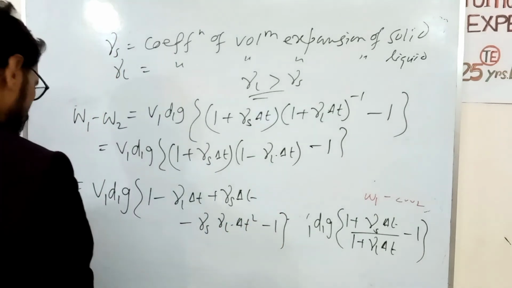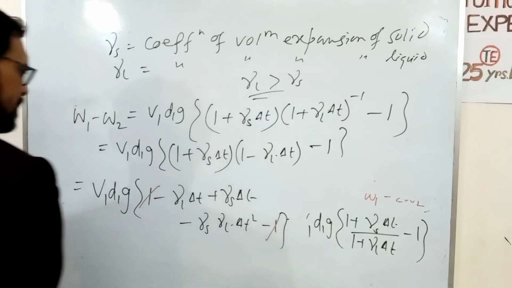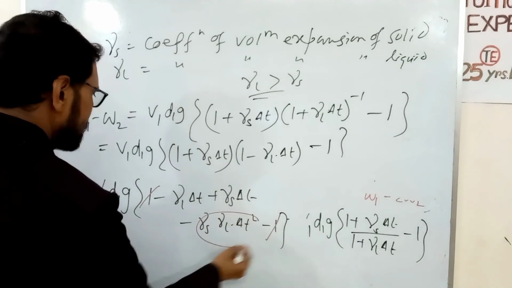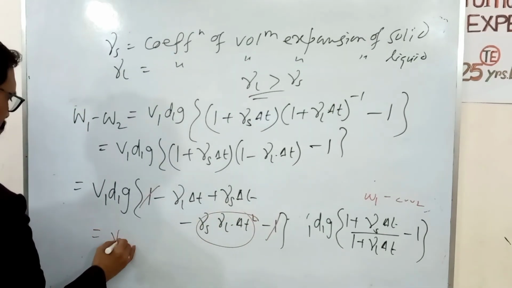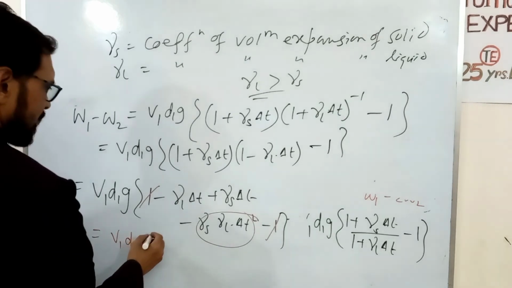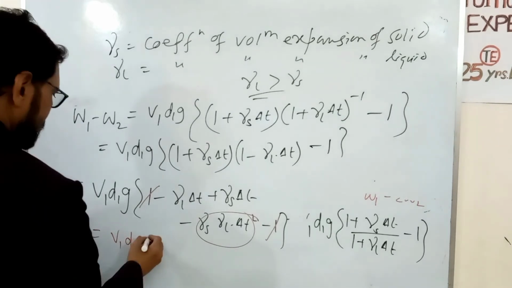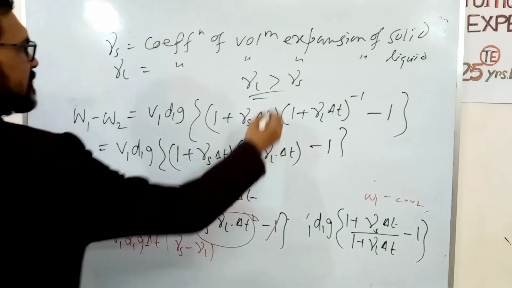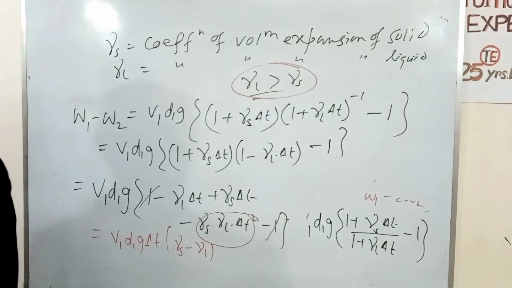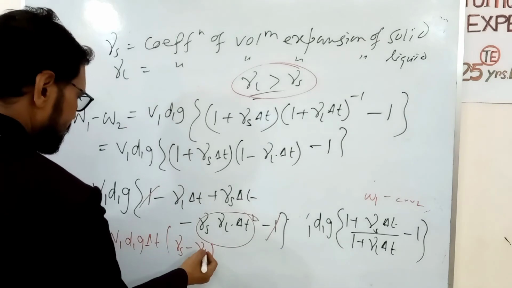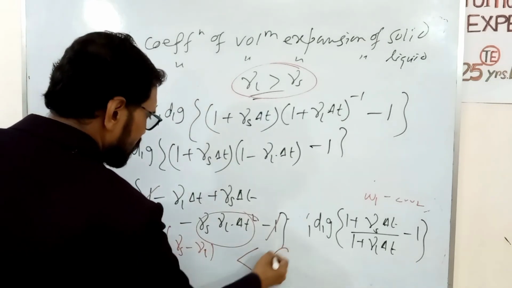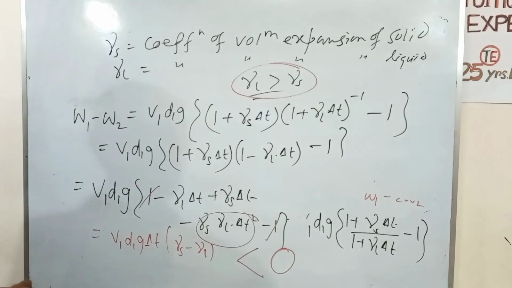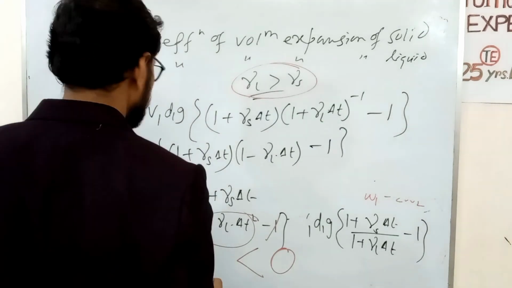So 1 and 1 cancel, and the last term is also neglected, leaving V1 D1 g del T common, into gamma S minus gamma L. As gamma L is greater than gamma S, this is less than 0, that is W1 is less than W2.